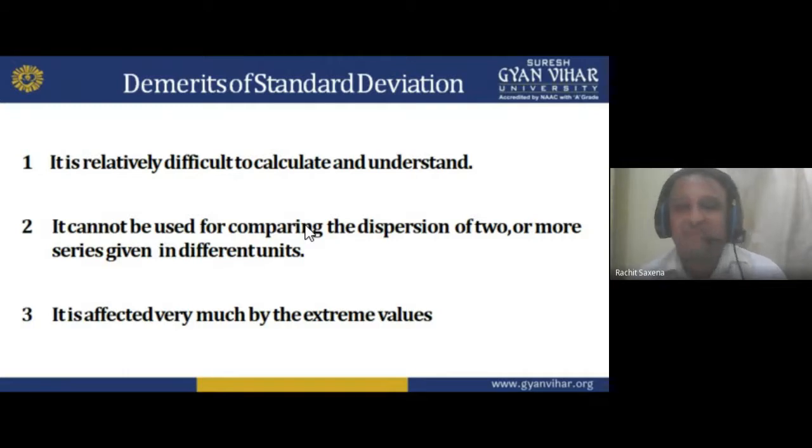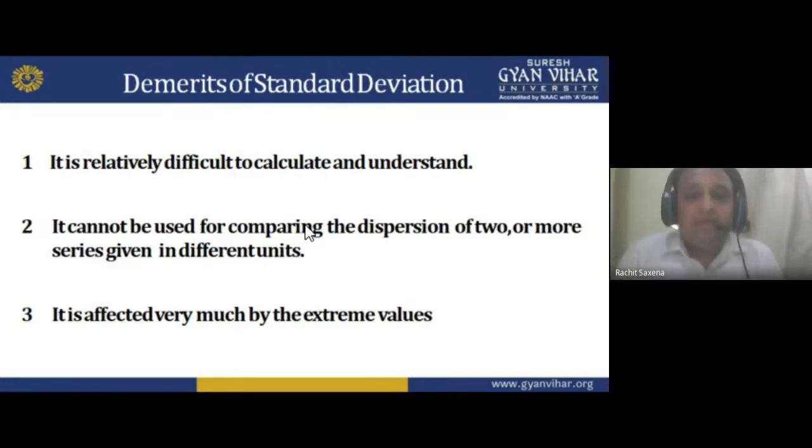The calculation is much more compared to the mean, compared to the average. I gave an example previously of how we can do it. First I have to take the mean, then the difference from that mean, then calculate the value and take out the output. So it is difficult for us.